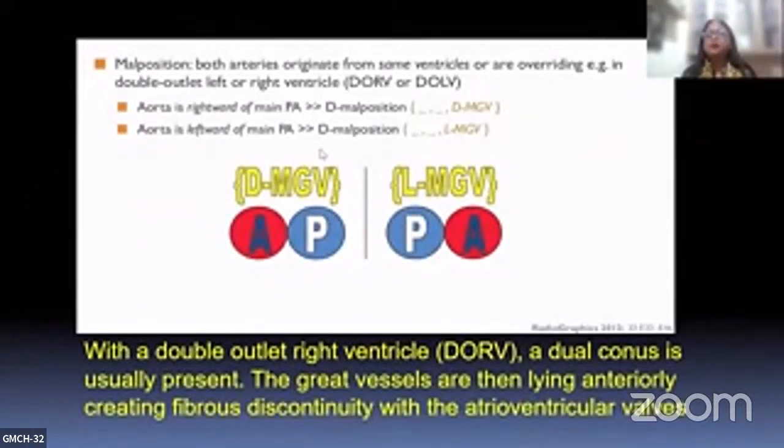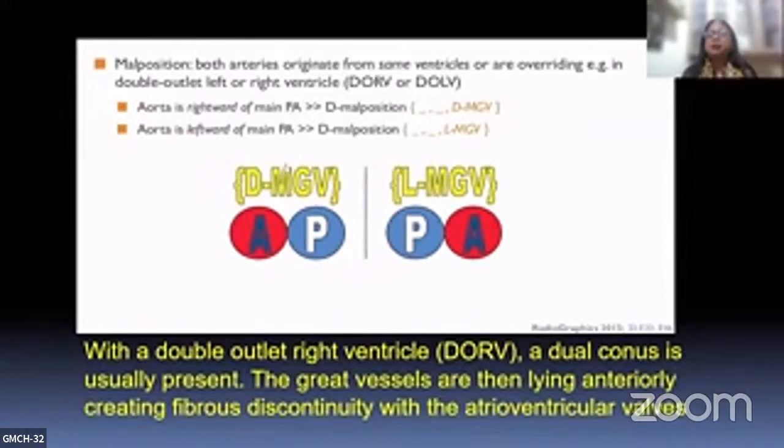So malposition of great arteries is when the arteries are originating from the same ventricle, or there is overriding. It can be a DORV or a DOLV, that is double outlet right ventricle or double outlet left ventricle.